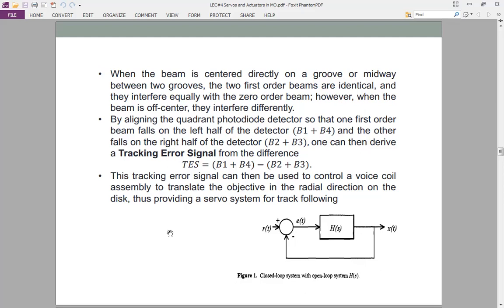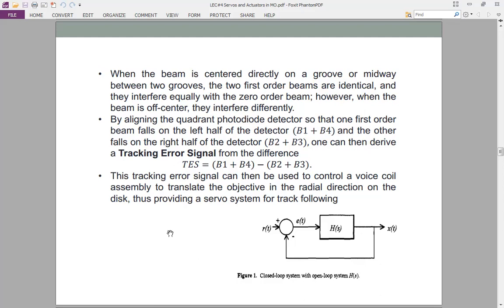This tracking error signal can then be used to control a voice coil assembly to translate the objective in the radial direction. So we have the actuator moving the objective lens along the radial line.